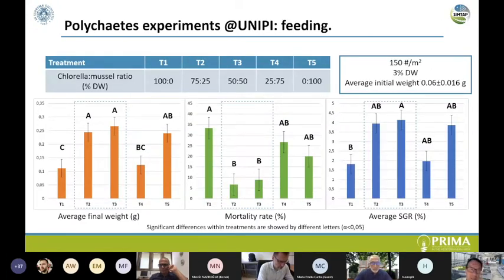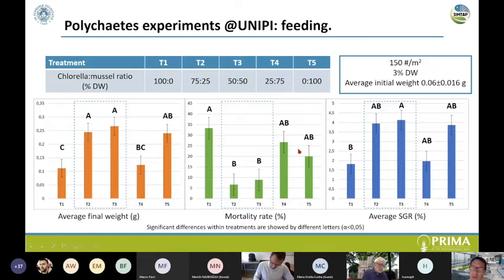Here you can see an experiment feeding polychaetes with chlorella and a special feed. In this case we use mussels, but it can be a standard feed. And as you can see, substituting the feed by chlorella up to 75% and 50% gave the better results.